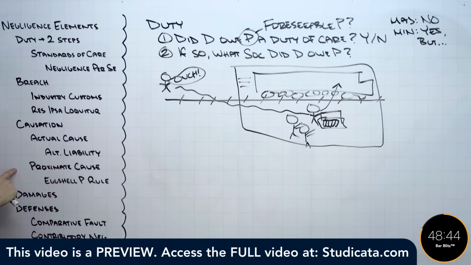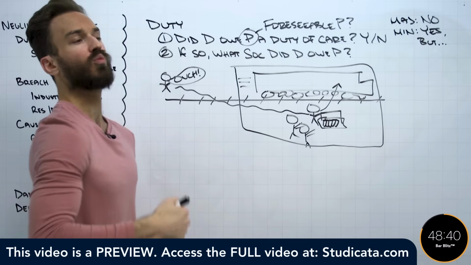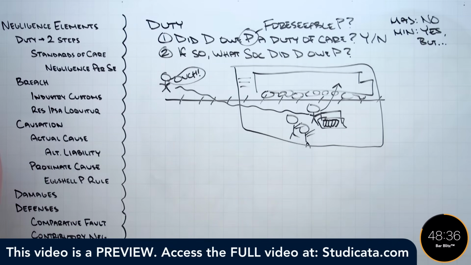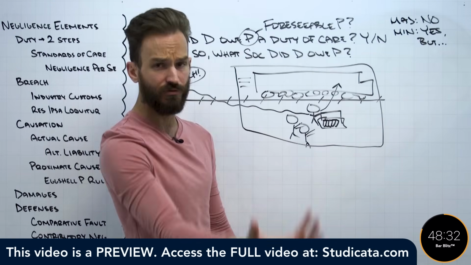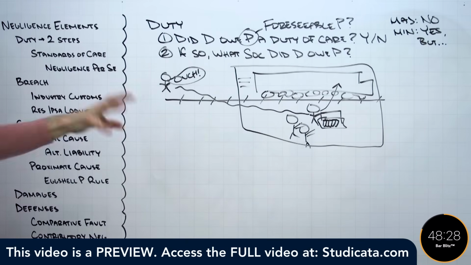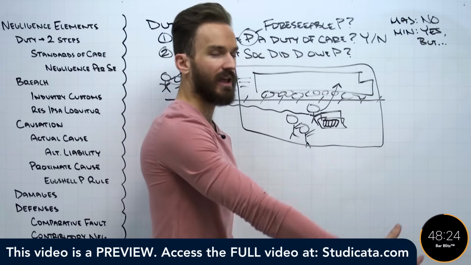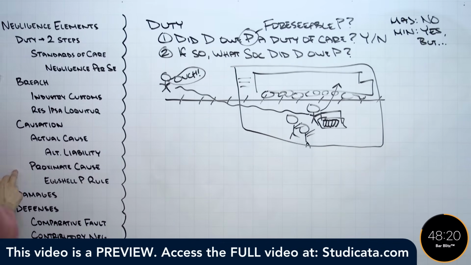When we get to the proximate cause analysis, we're going to say, but look, the defendant was not the proximate cause of the plaintiff's harm. This was totally unforeseeable. We had superseding unforeseeable events that broke the chain of liability. And don't worry about that, we're going to get to proximate cause later, but the point is we're going to do kind of the same analysis, we're just going to get there when we get to proximate cause.